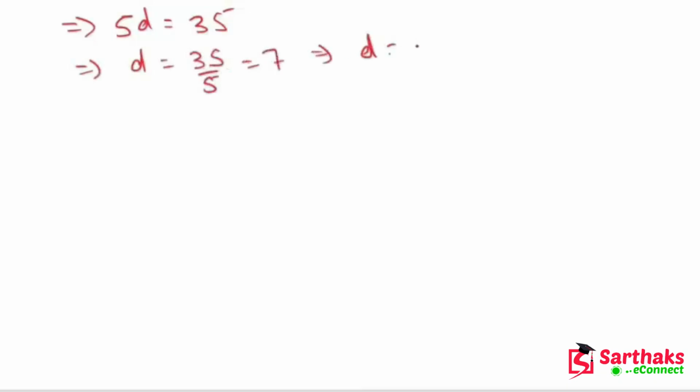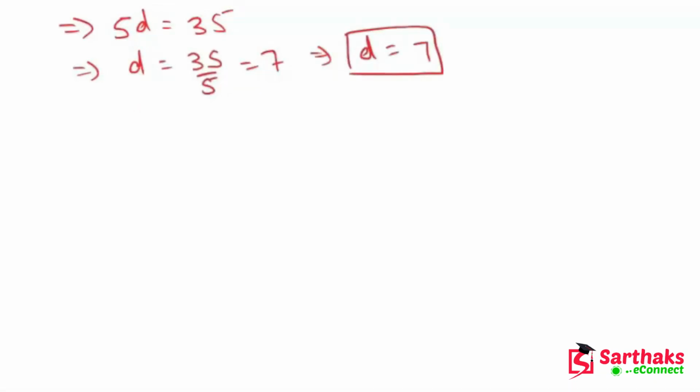Now we have 5d equals 35. From this, d is equal to 35 divided by 5, which is 7. So the value of d is 7. Now we have to find the value of a1.